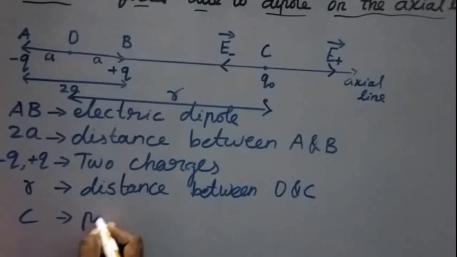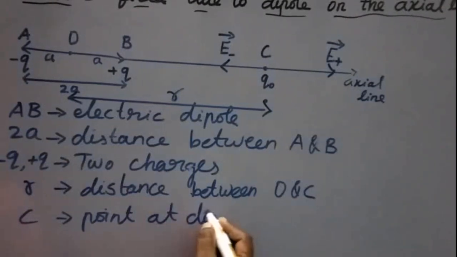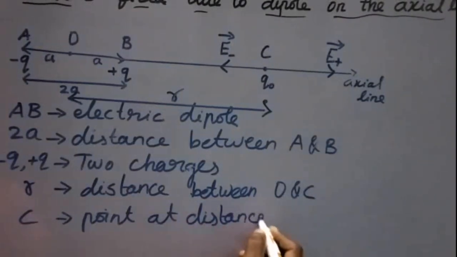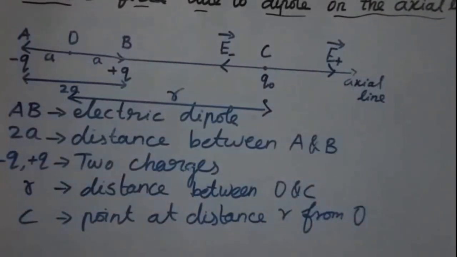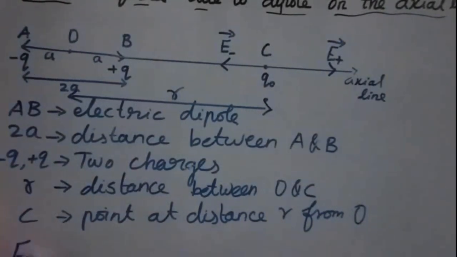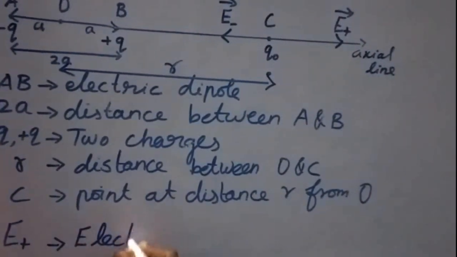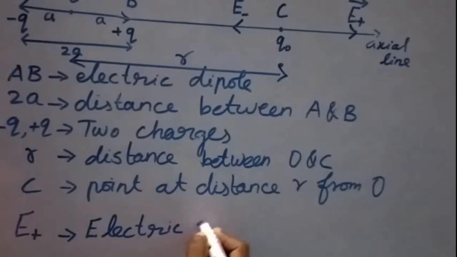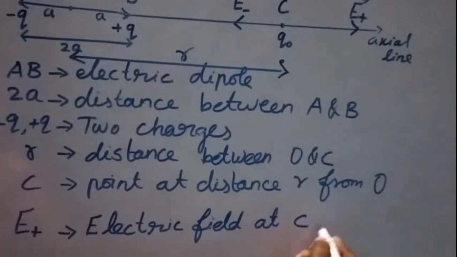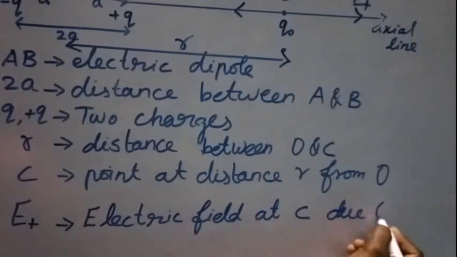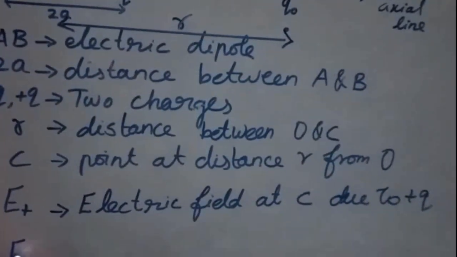It is a point at distance r from O. Now E plus is the electric field at point C due to plus Q. What is E minus?